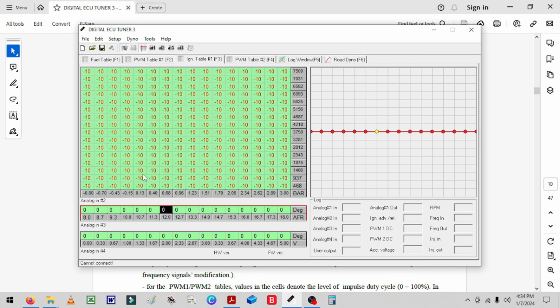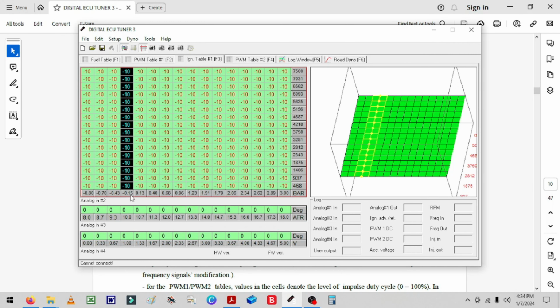So now I can, let's say right here, see right here on this cell, you see where it's 0.8, 0.7, 0.43, 0.15, and then positive numbers start right here. I could go in here and I could advance the timing.